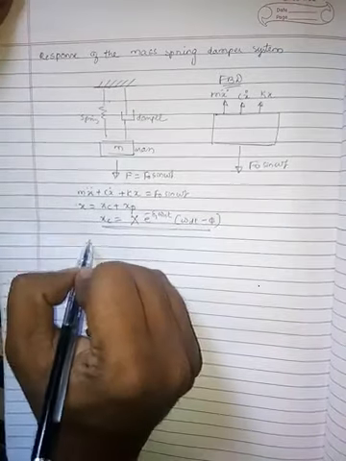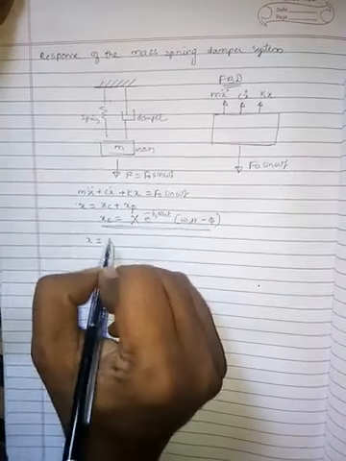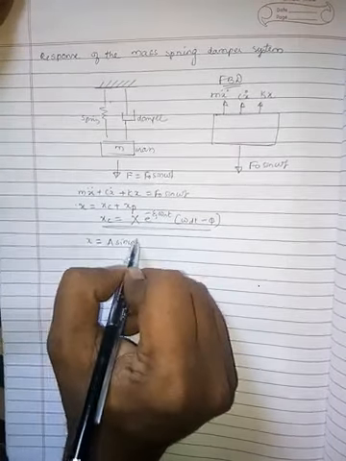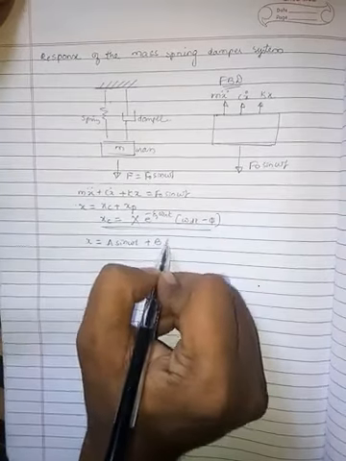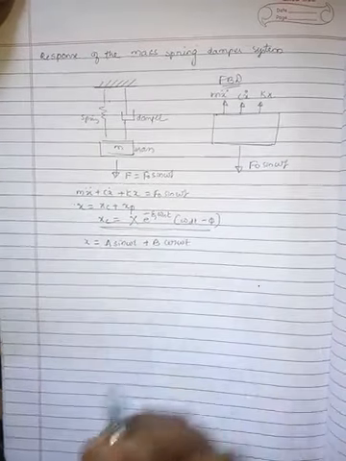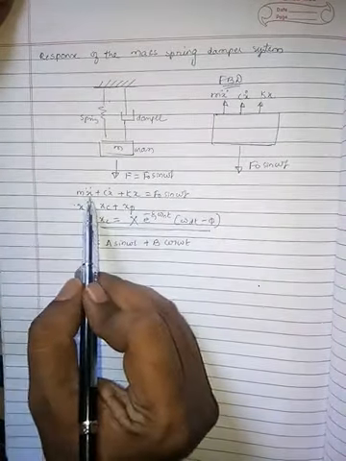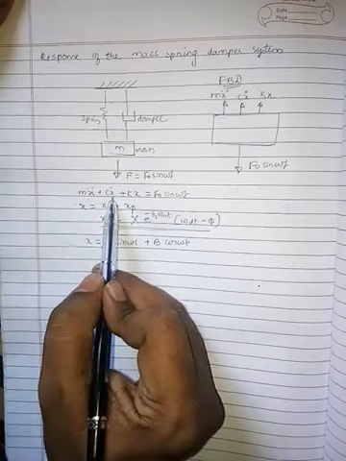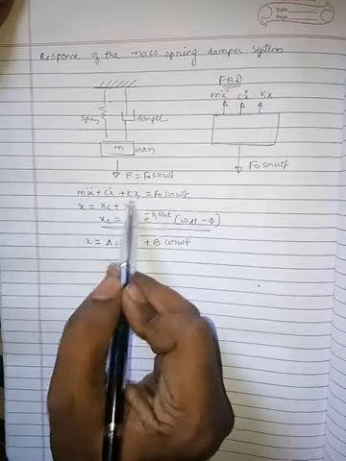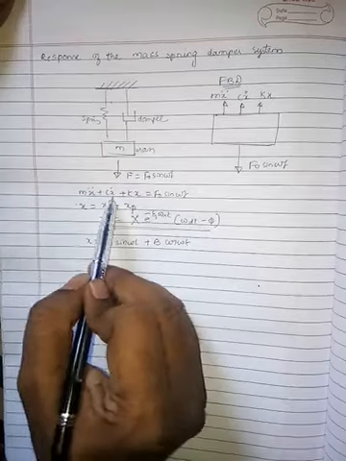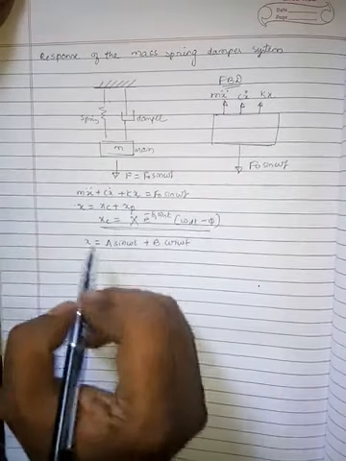Let us assume the displacement function x equals a sin omega t plus b cos omega t. As we have acceleration component, velocity component and displacement component, let us find the velocity component by using this displacement component.